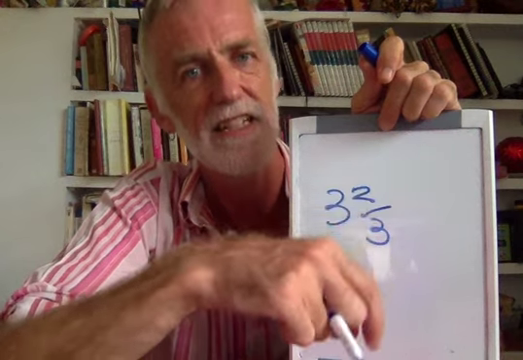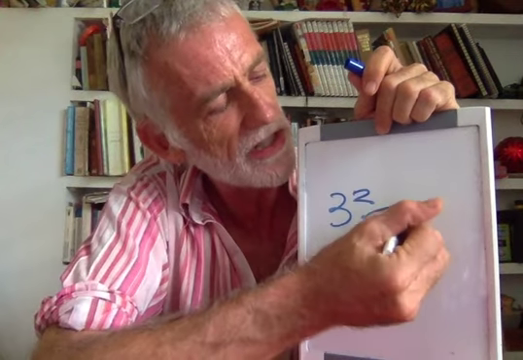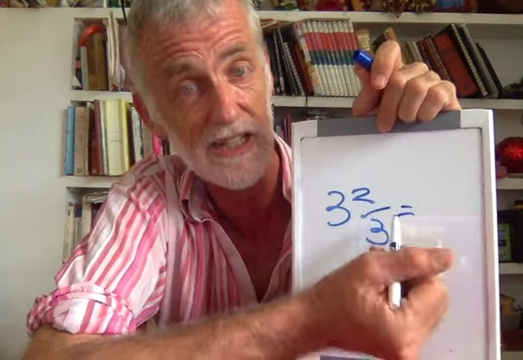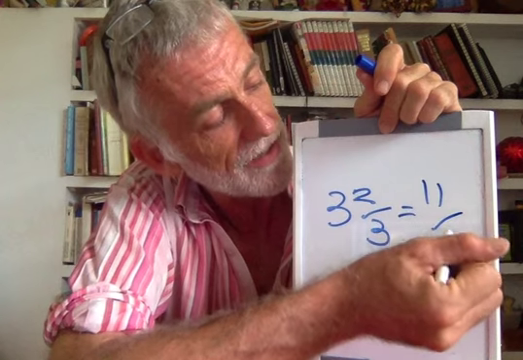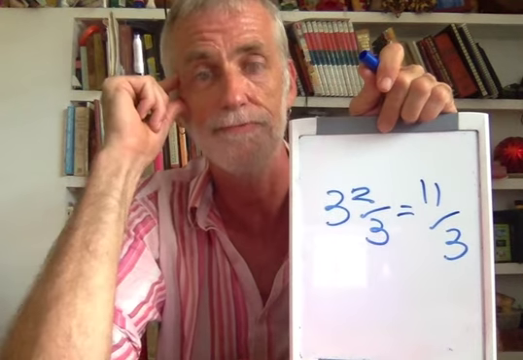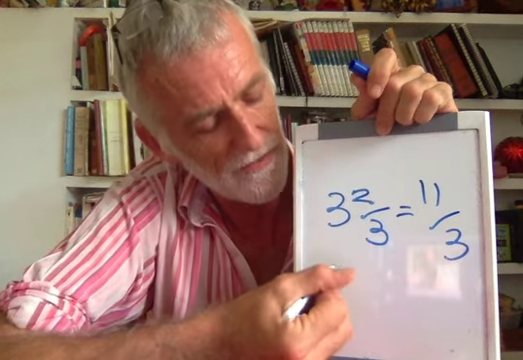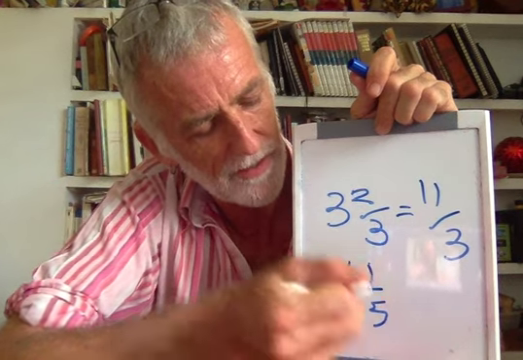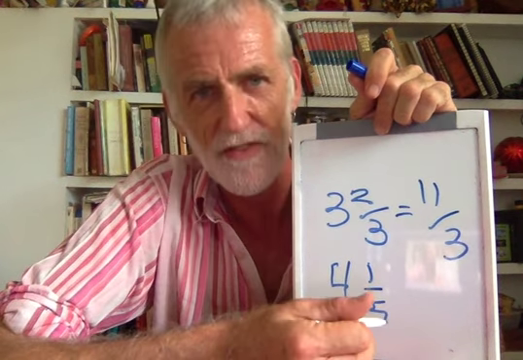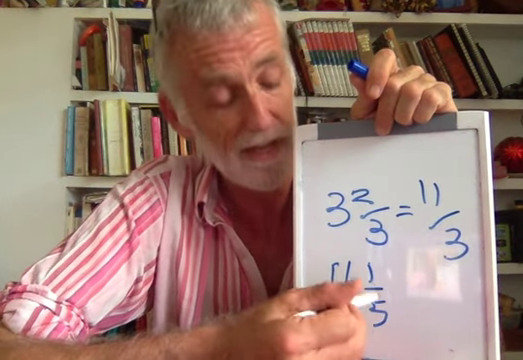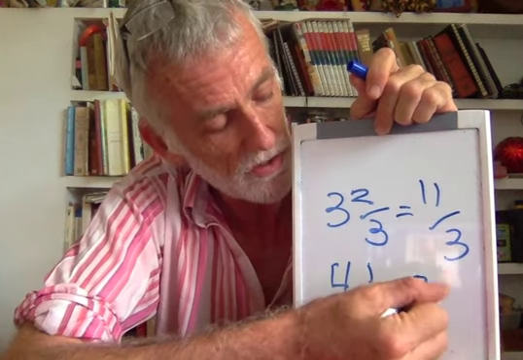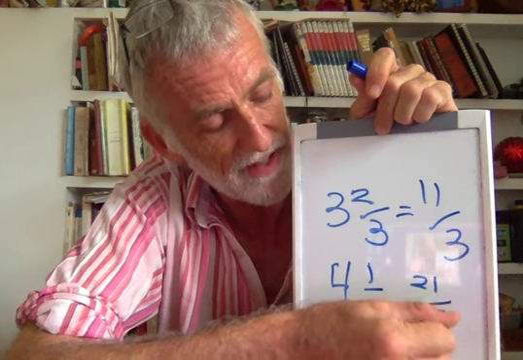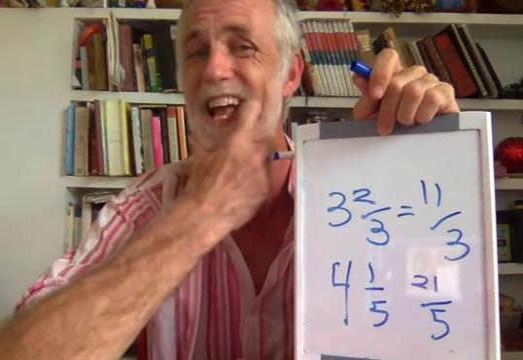And add it to the top. So 3 2/3 is the same as 3 times 3 is 9, added 2 is 11. 11 thirds. 4 1/5. 4 times 5 is 20. Add it to the 1. 21 fifths. Right?